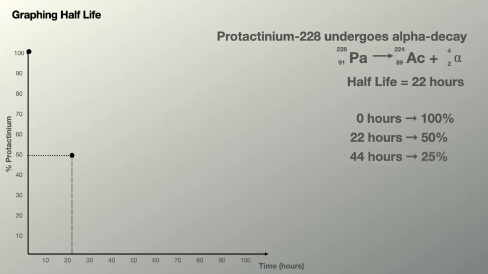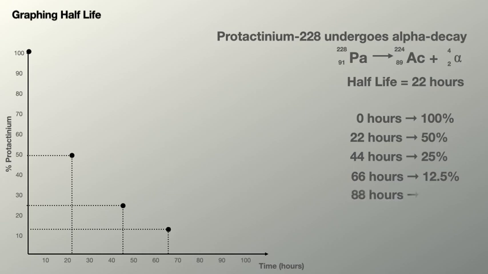After a second half-life, so that's 44 hours now, you'll have a half of a half, or a quarter, which is 25%. There we go. 44 hours, 25%. After 66 hours, that's 3 half-lives, you've got a half of a half of a half, or 12.5%. There we go, 66, 12.5, plot there.